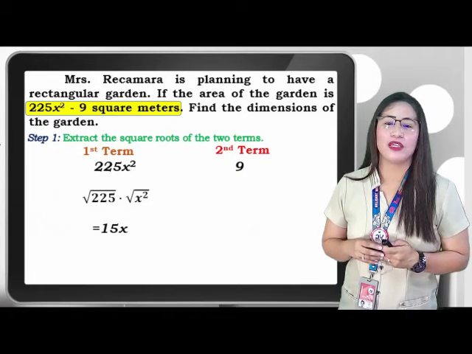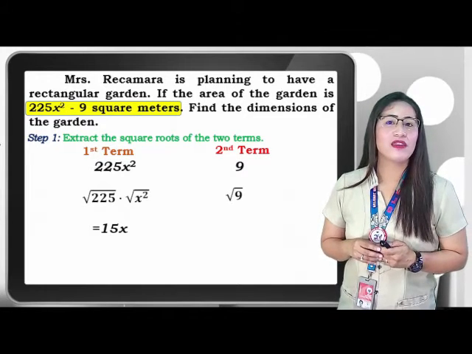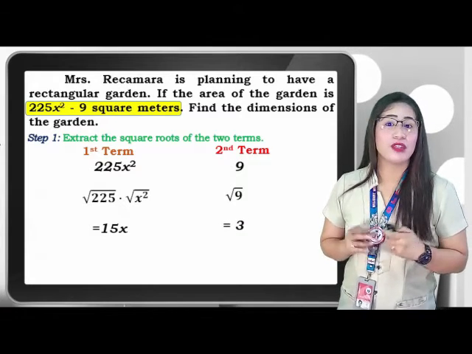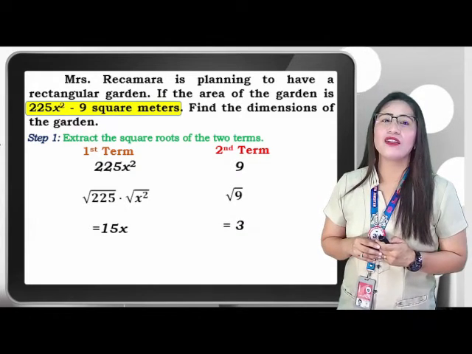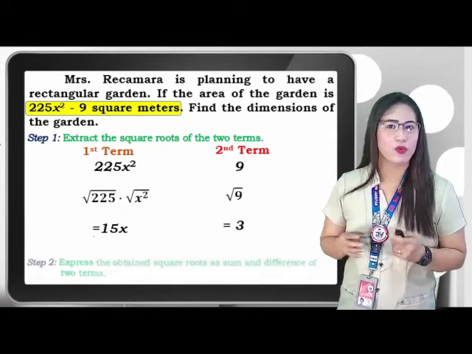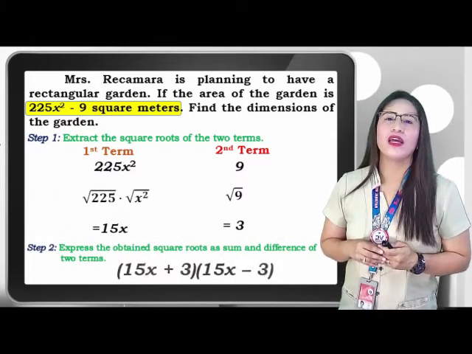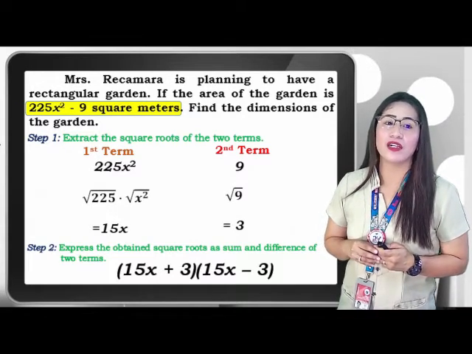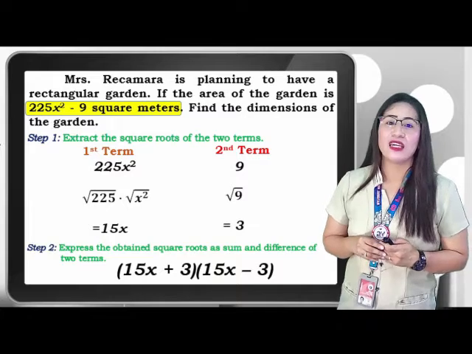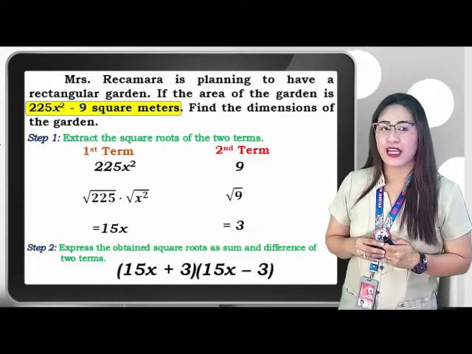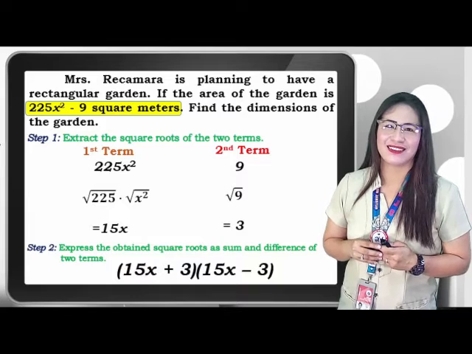Second term is 9. Square root of 9 is 3. Therefore, 15x and 3 are the square roots of the first and second terms. Step 2. Therefore, the factored form of 225x squared minus 9 is 15x plus 3 times 15x minus 3.